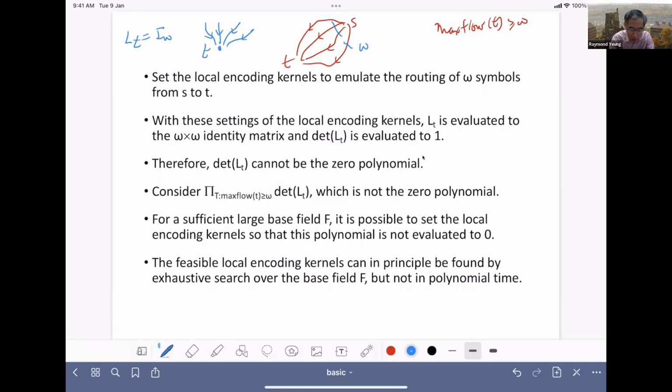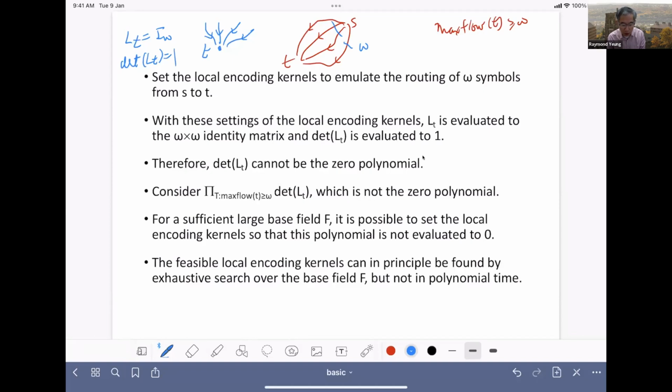Now, in that case, the determinant of LT would be equal to 1, because the determinant of the identity matrix is always equal to 1 for a specific assignment of the indeterminates. Because for this particular assignment you can evaluate the determinant of LT to 1, it implies that LT is not the zero polynomial.